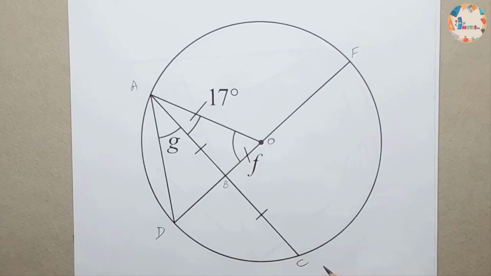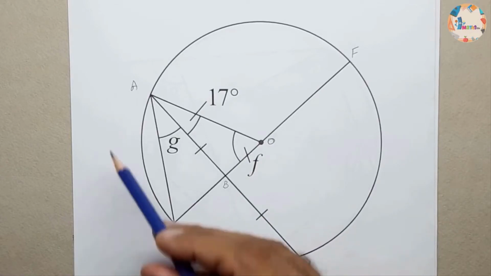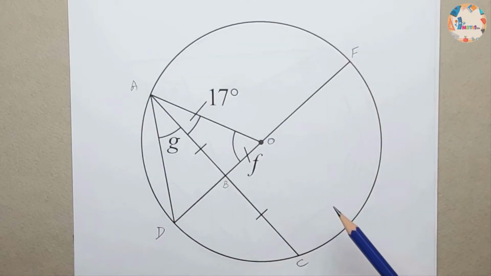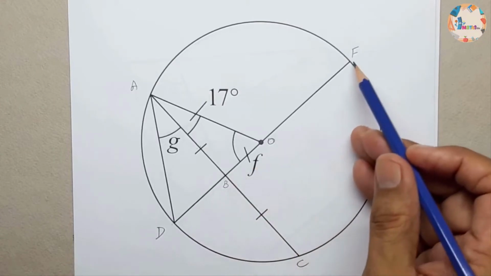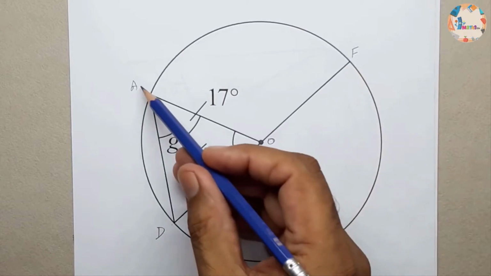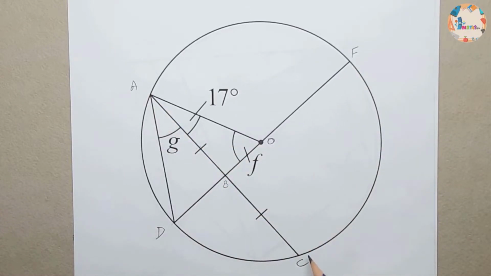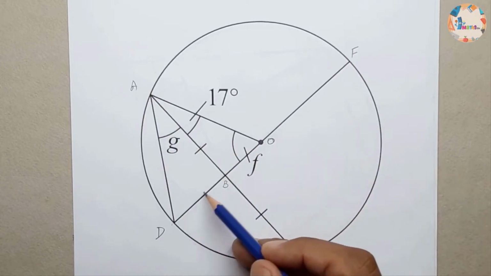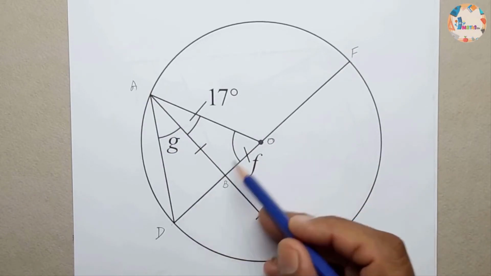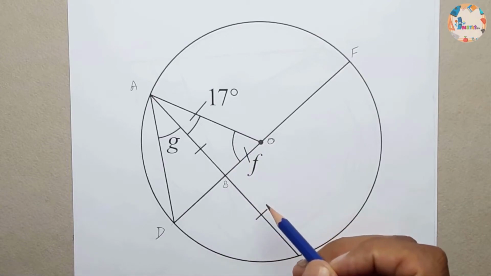Now if we see this question as a whole, we can see that this is the diameter, and the diameter is intersecting this chord which is AC. So we have a rule relating to a diameter and a chord.